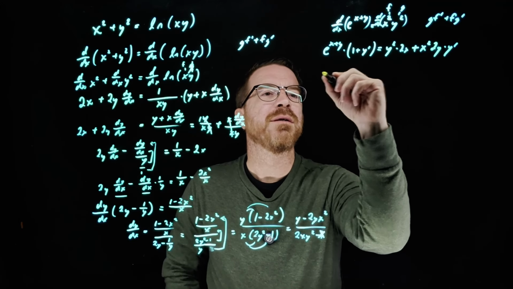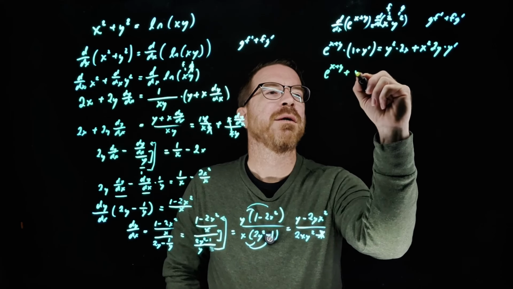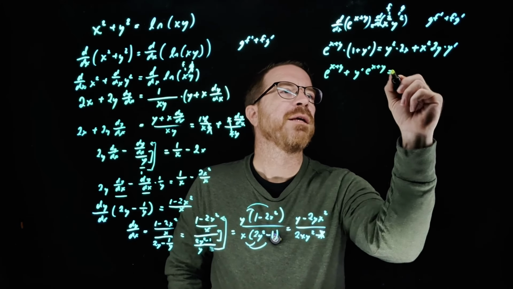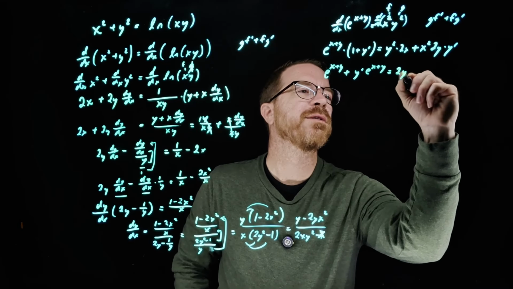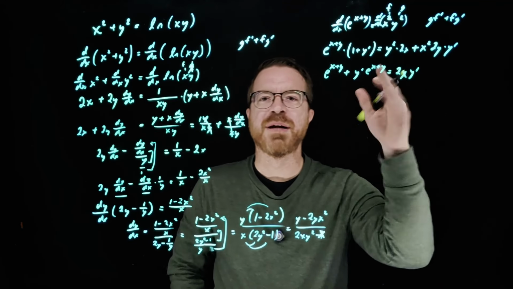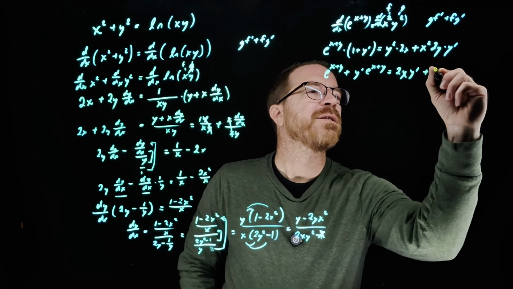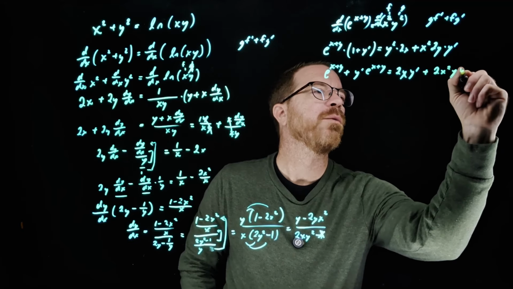So this is going to be e to the x plus y plus y prime e to the x plus y equals, in this case, we have 2x y prime. I'm just rearranging the letters on these, but I'm not actually changing what they are, plus 2x squared y prime.